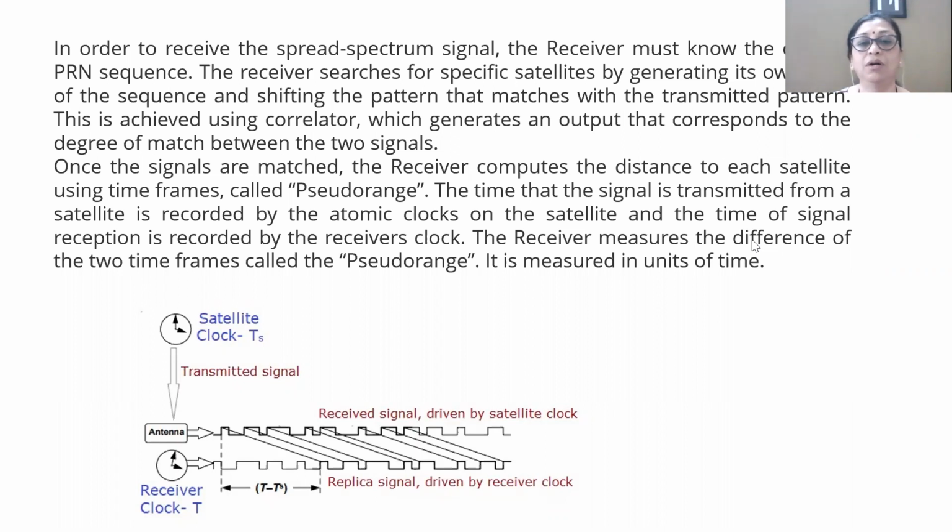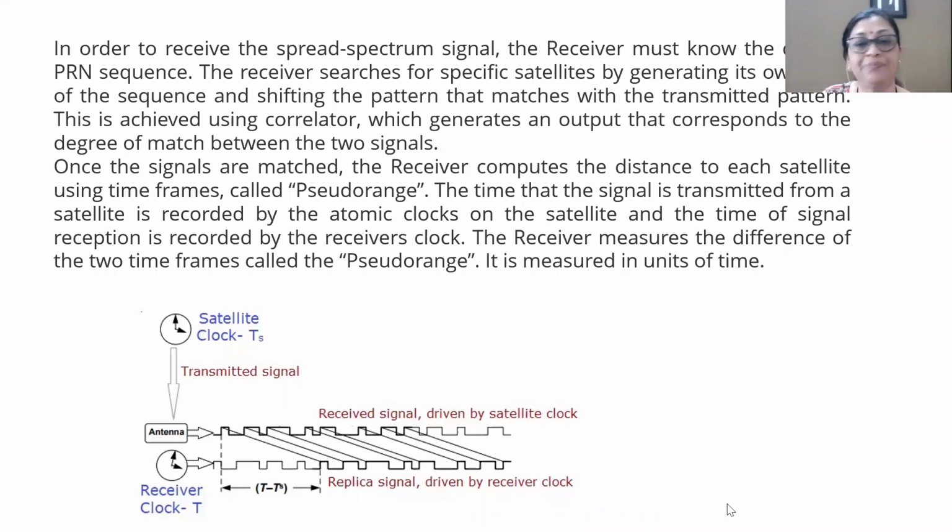The difference between these two times is called pseudo range, and this is measured using units of time like second, minute, etc. So by calculation of this timing, the distance can be calculated, as you can see.